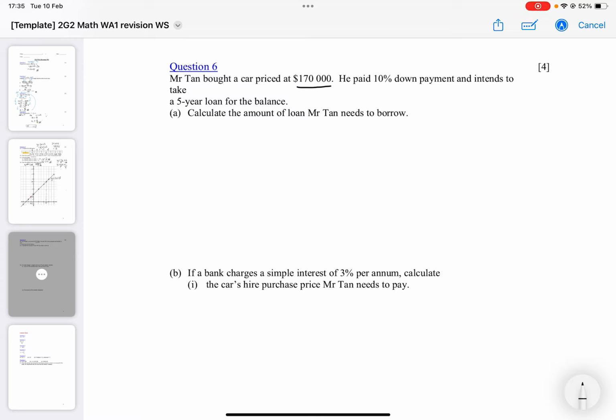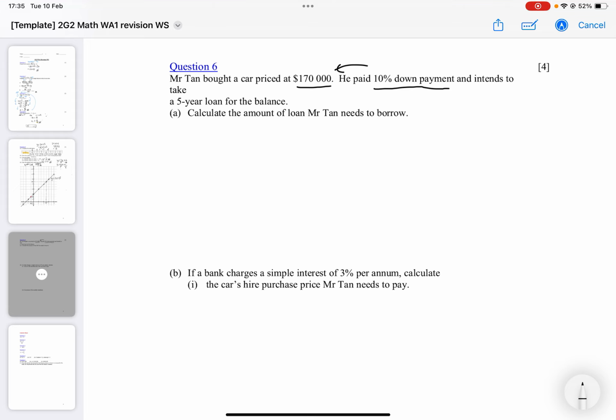He paid a 10% down payment, so he has not paid the full amount yet. Then he intends to take a 5-year loan. Since he paid 10% already, he still owes the remaining money, so he wants to take a 5-year loan to pay it. That is the whole story.